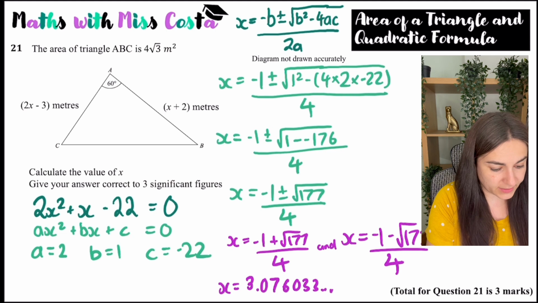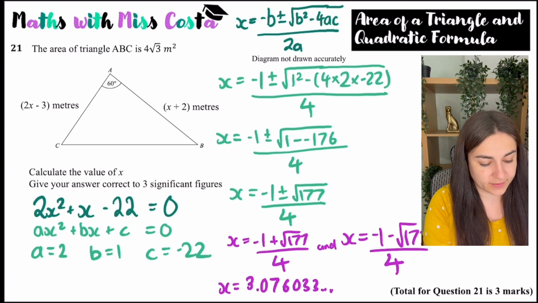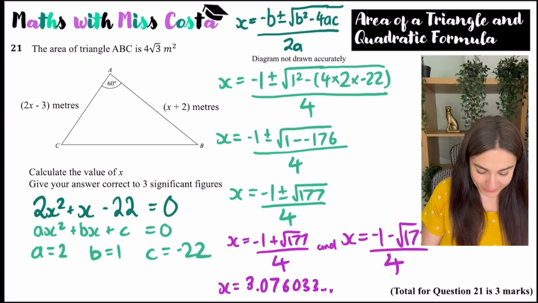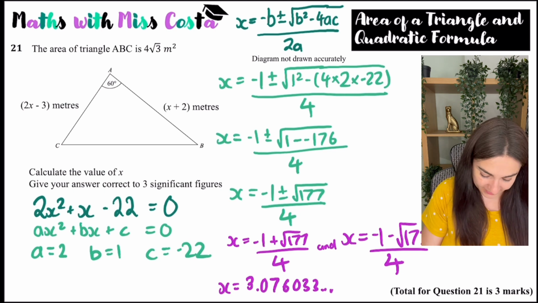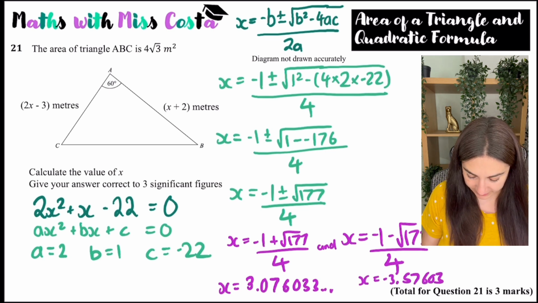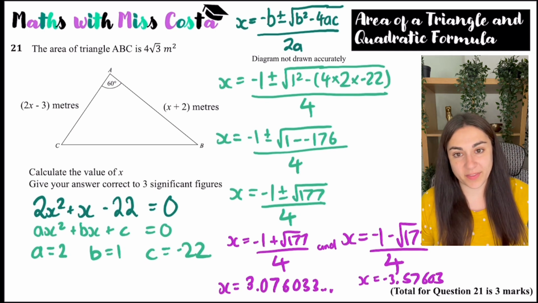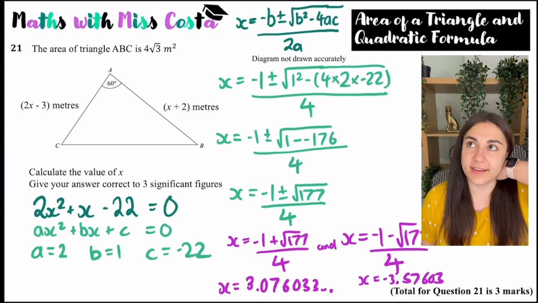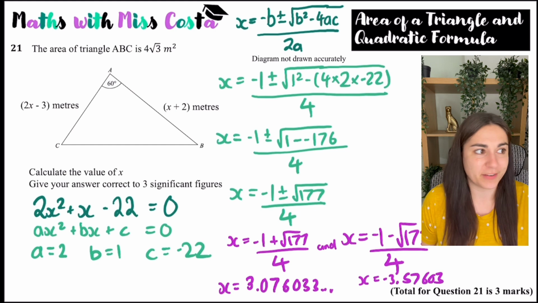And then if I just use the little arrows, oh, I deleted it, but you can just use the little arrows to change it, so you don't have to type the whole thing out again. But obviously don't worry if you do, because I just had to, because it deleted itself. So, or x is minus 3.57603.